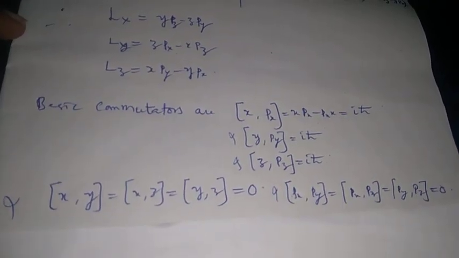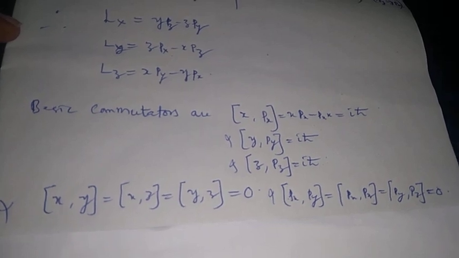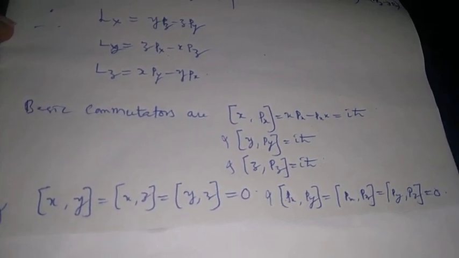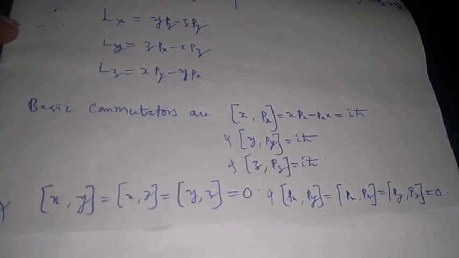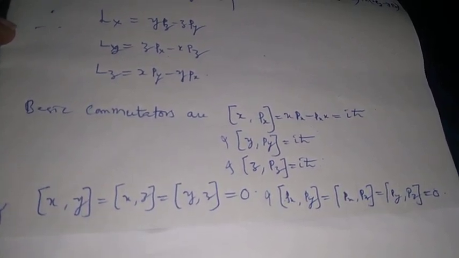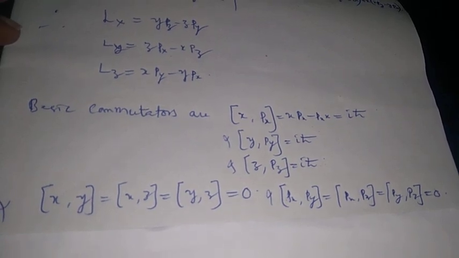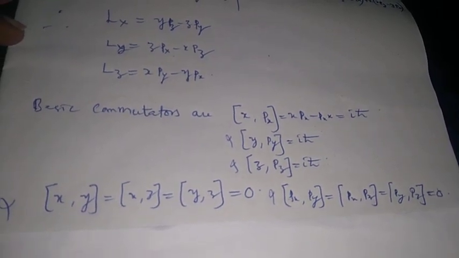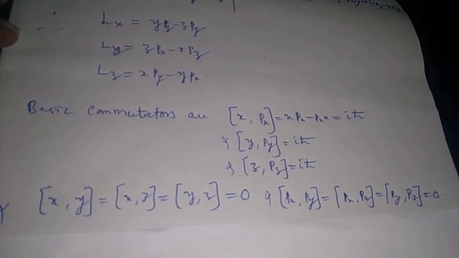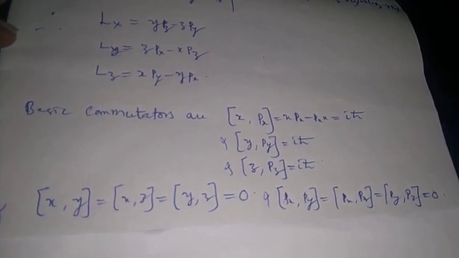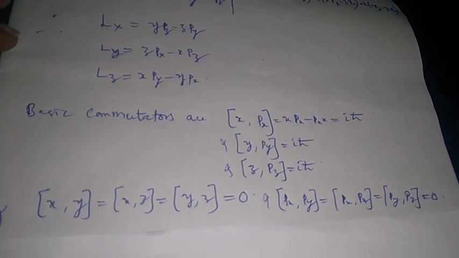And we know the basic commutators: between x and px it will be iħ, between y and py it will be the same answer, and between z and pz it will again be the same answer. But for any other combination of x, y, z with px, py, pz, the answer will be 0.